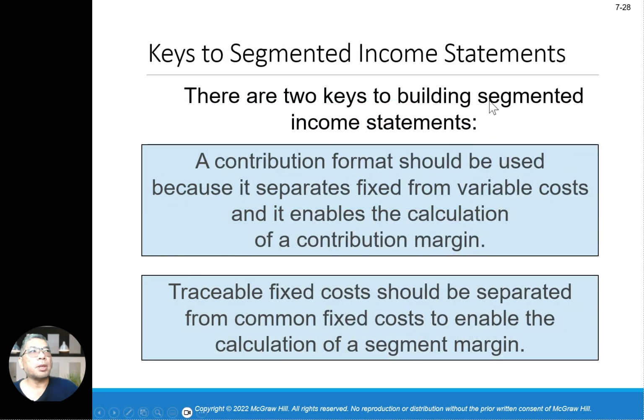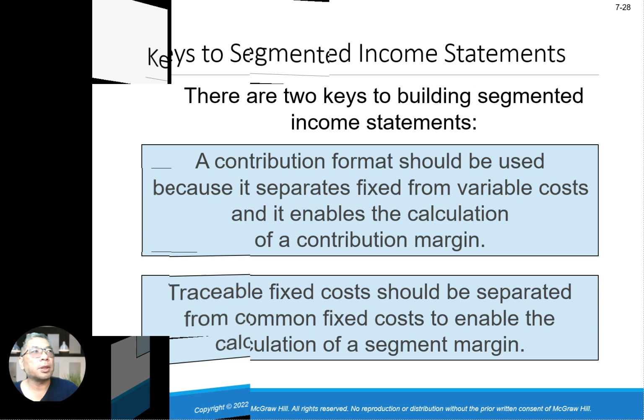There are two key elements in building the segmented income statement. The contribution format should be used because it separates fixed from variable costs and enables calculation of the contribution margin. Traceable fixed costs should be separated from common fixed costs to enable calculation of segment margin.